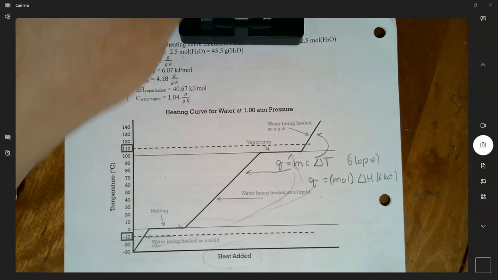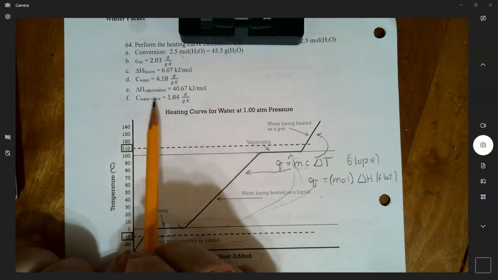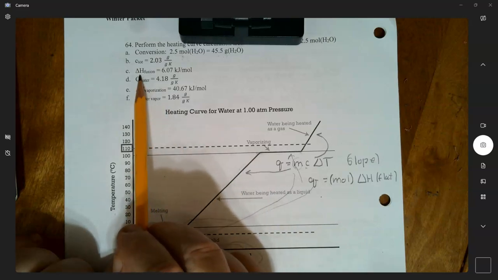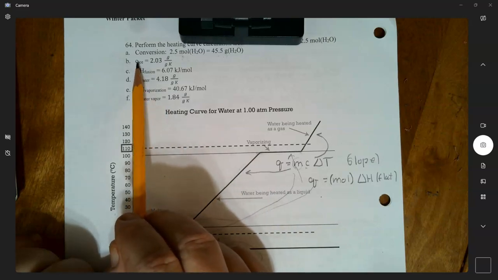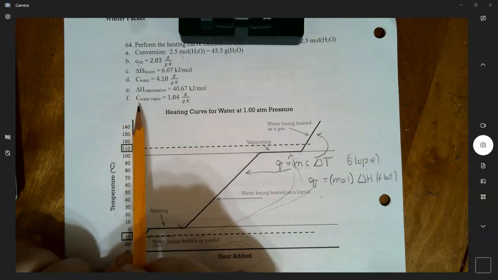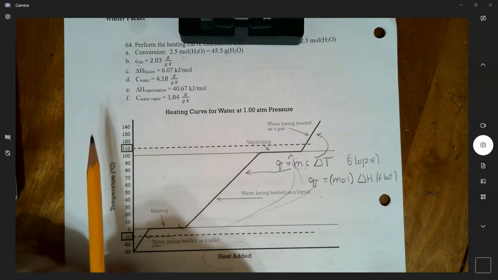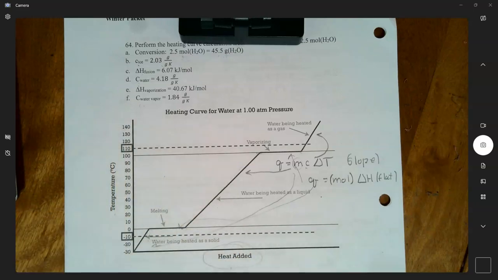Now, what do you use for this slope? You have mass, 45.5. C is going to be the specific heat of ice. You'll notice that the specific heats for ice, water, and water vapor are all different. They're not the same. Depends on the state of matter what their specific heat is.